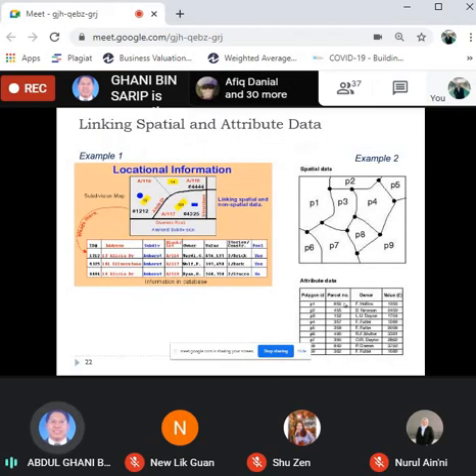And how are they linked? Basically a common identifier ID. So basically this is actually a link. Data is linked by a common identifier. So the data in the spatial map is linked to the database by a common ID.